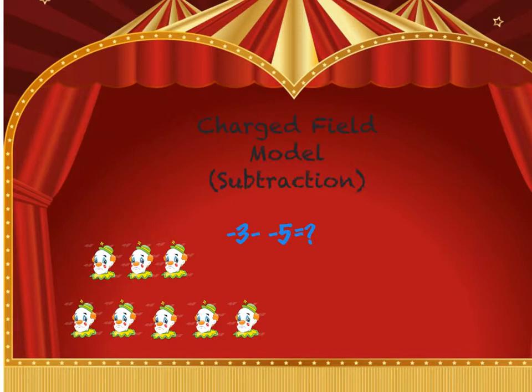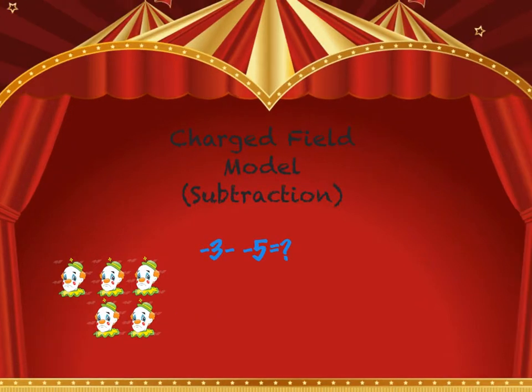And what we want to do is subtract a -5, 5 sad clowns also. Does that mean that we take the 3 sad clowns and subtract the 5 sad clowns from that? Not really. What we need to do is make the -3 clowns -5 and then go from there.